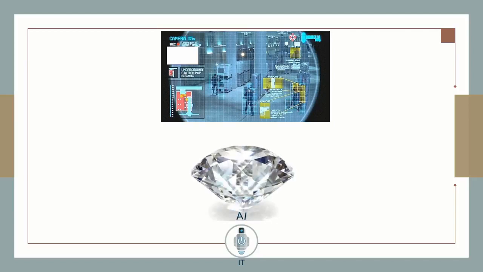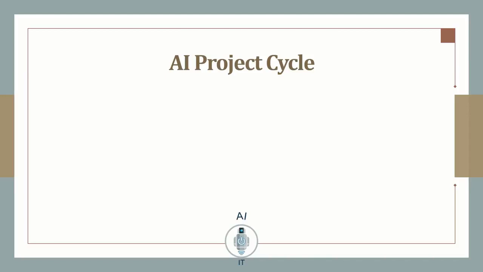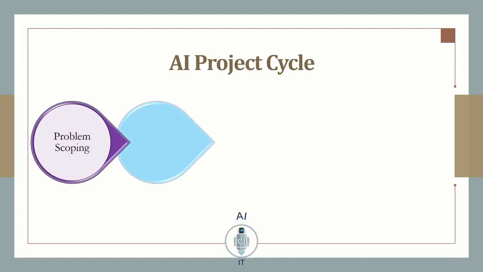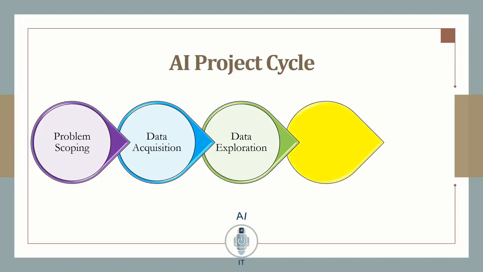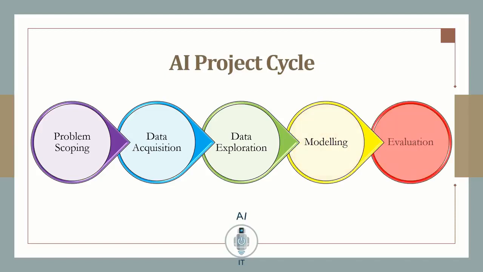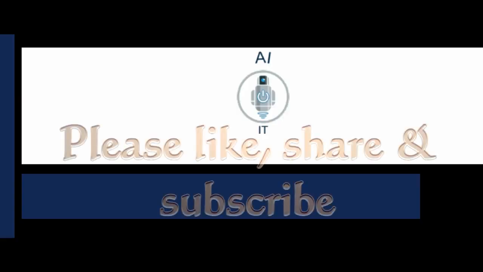So we have successfully saved the diamond. Now with this example, we have learned the 5 stages of AI project cycle. They are problem scoping, data acquisition, data exploration, modeling, and evaluation. I hope you have understood this.